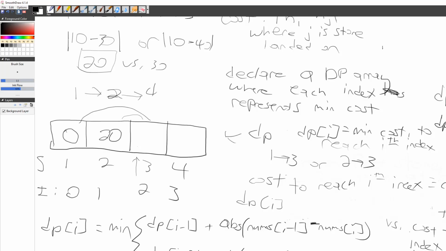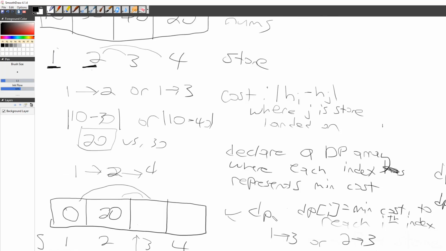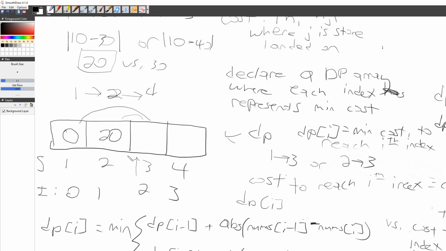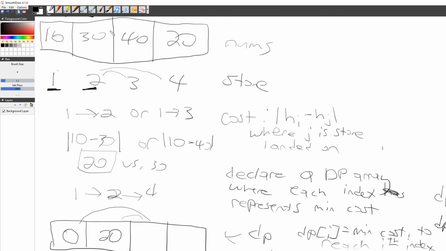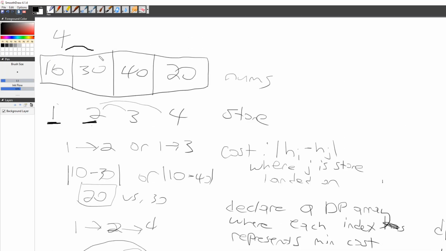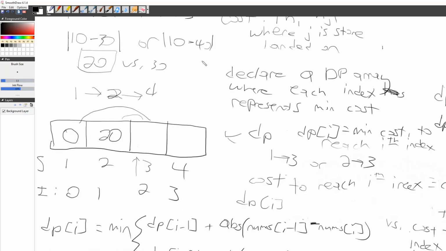Alright, and let's check this out. dp1 we can see is 20, so this is the equivalent of the first row here. So dp1 is 20 plus nums sub 1 minus nums sub 2. This is index 1, index 2. That'll be 10, right? It'd be 30 minus 40, which is 10.